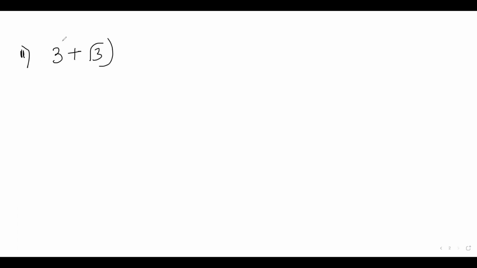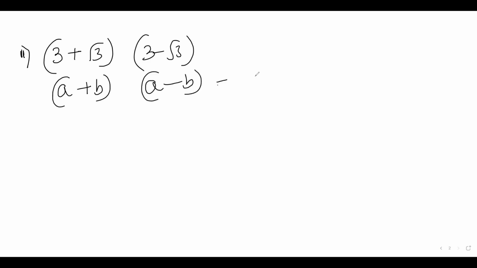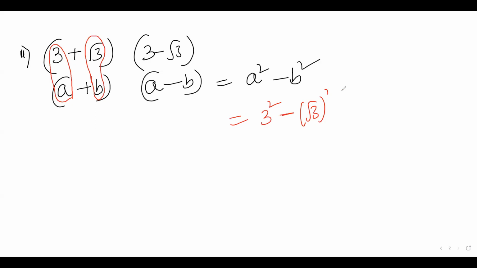If you remember the formula, it is in the form of a plus b into a minus b, which can be written as a square minus b square. 3 is a, so a square means 3 square. Root 3 is b, so b square means root 3 whole square. Square and root cancel. 3 3s are 9. 9 minus 3, 6 is the answer.